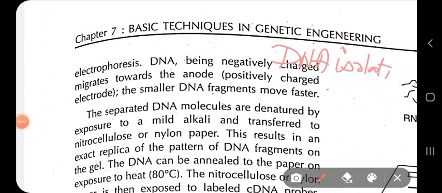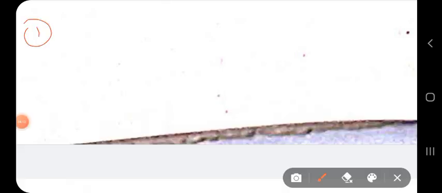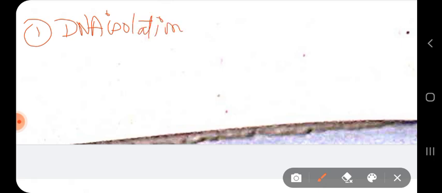In the next step we have to use restriction digestion, where we use one or more restriction enzymes to digest the DNA, to cleave the DNA into a series of fragments.